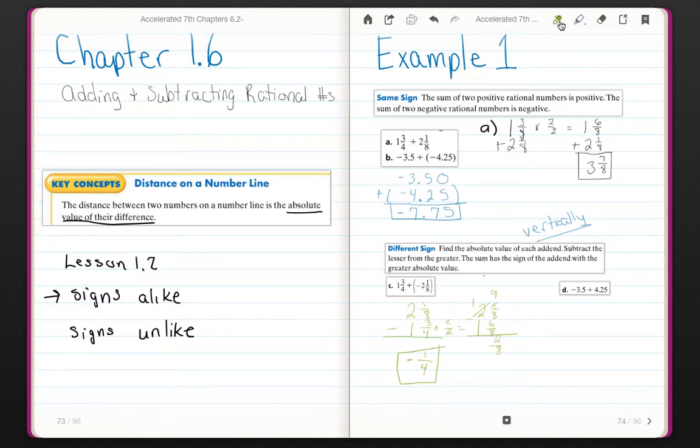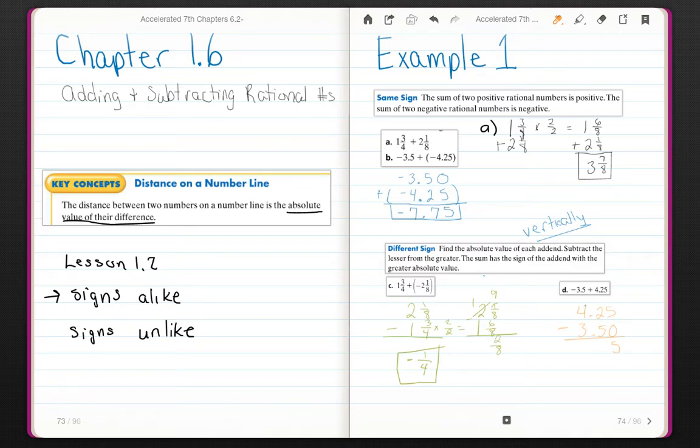Same process here with the decimal. 4.25 has the greater absolute value. So 4.25 minus 3.5. I'm going to throw in the 0 there as well. 5 minus 0 is 5.